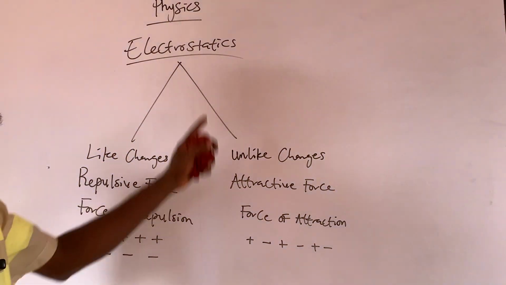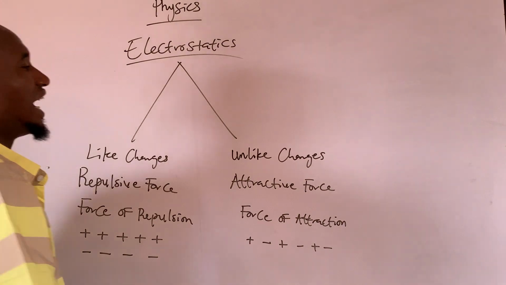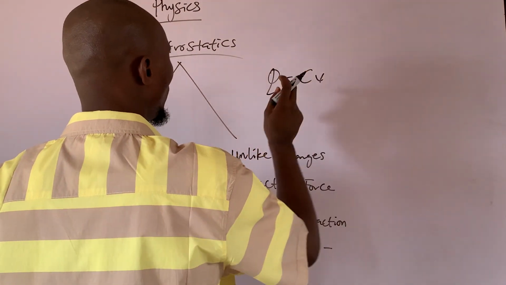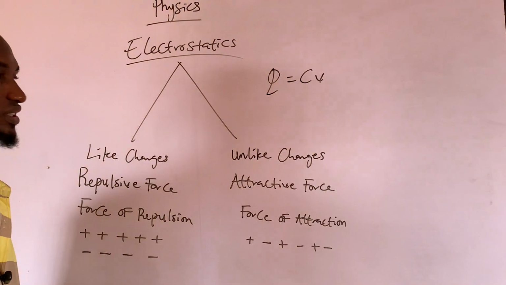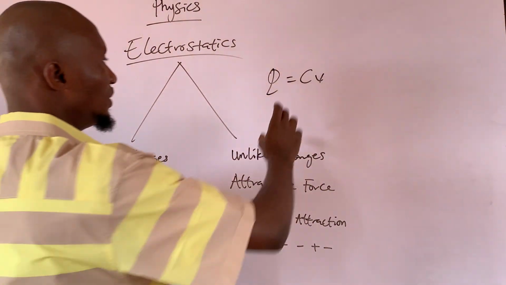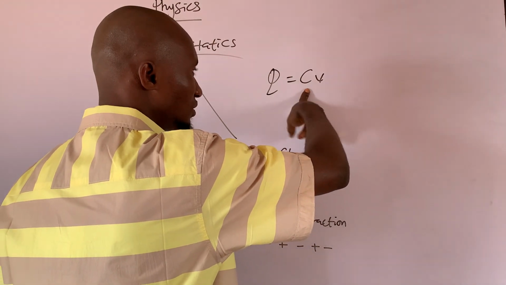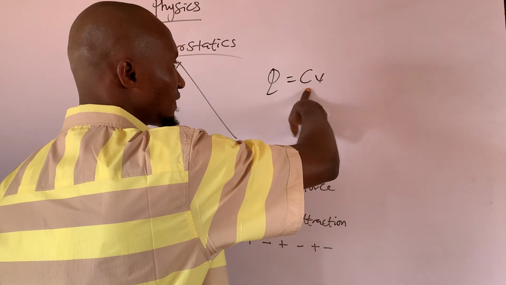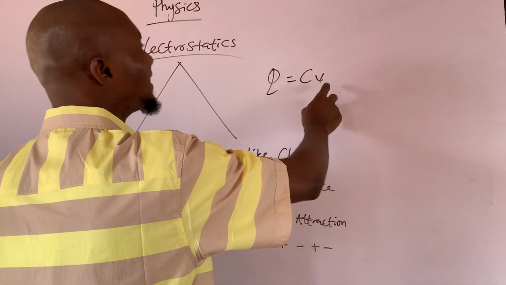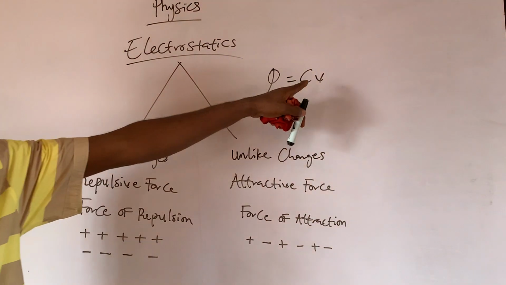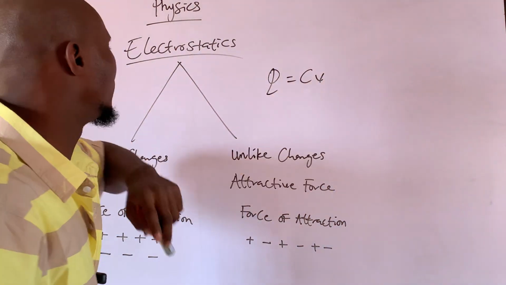Okay, still on that, we've known that charge Q equals CV, quantity of electricity. This C stands for capacitor. Am I confusing you? No. This V is voltage, that is potential difference.